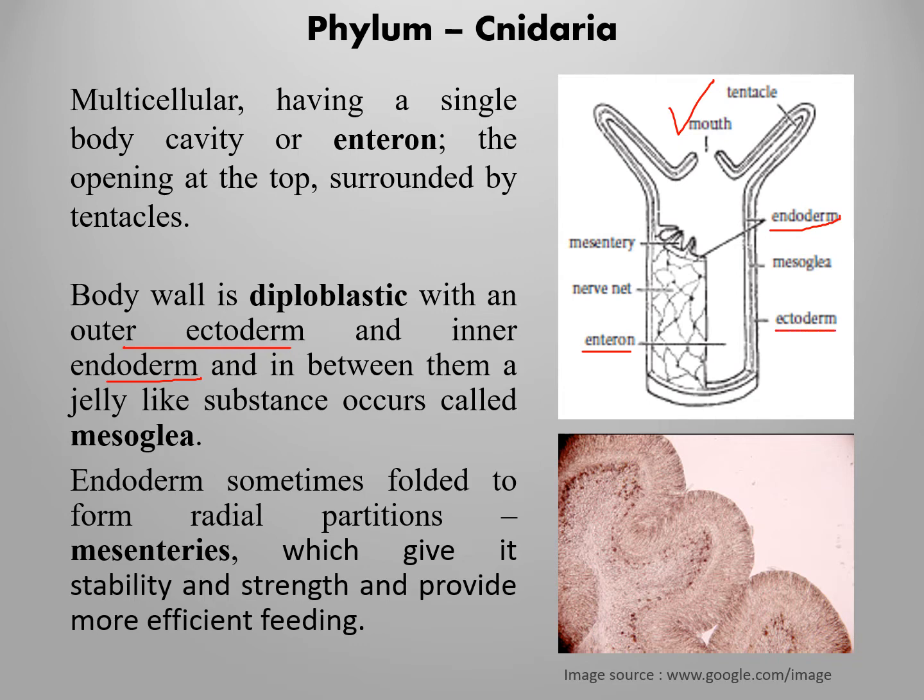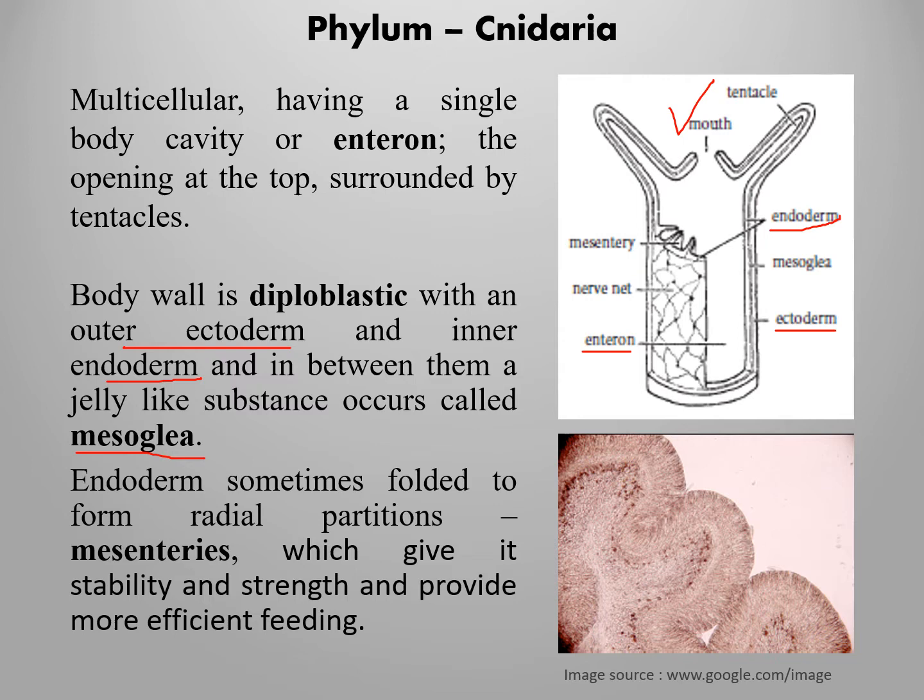Now between this ectoderm and endoderm there occurs a jelly-like gelatinous substance, which is called mesoglea, and this mesoglea also contains the nerve nets. These nerve nets are very primitive in nature, and are basically embedded in the mesoglea.